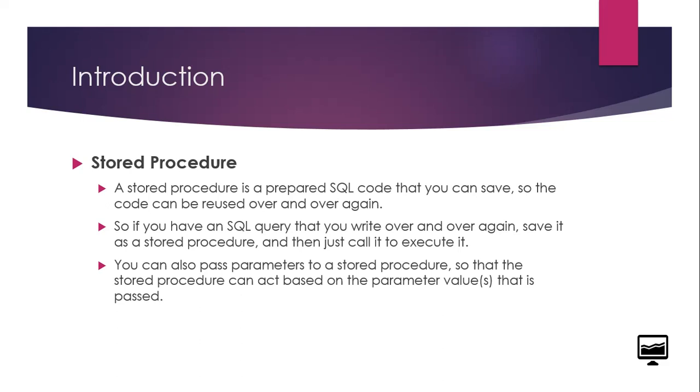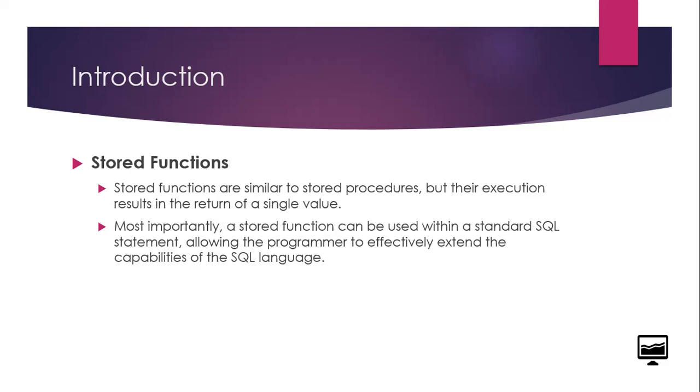You can also pass parameters to a store procedure so that it can act based on the parameter values that are passed. So a store procedure is a collection of code for a particular task.